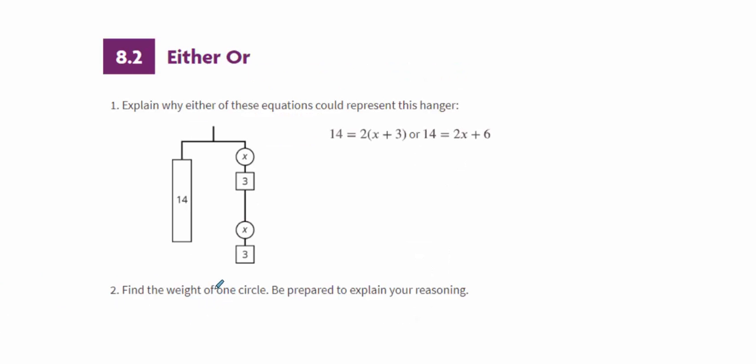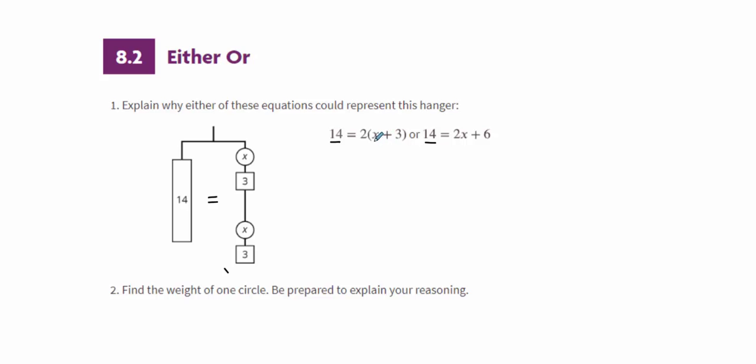Okay, let's look at 8.2. Explain why either of these equations could represent this hanger. So we have 14 is equal to 2 times the quantity x plus 3, or 14 is equal to 2x plus 6. So let's look at this first one. Here we have our 14, and our 14 is equal to this here.